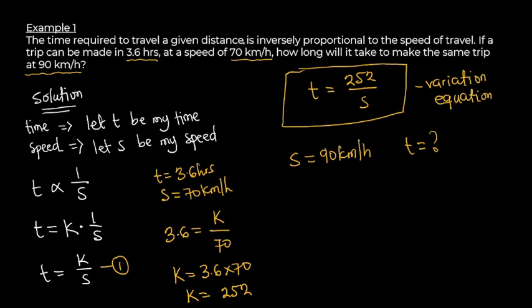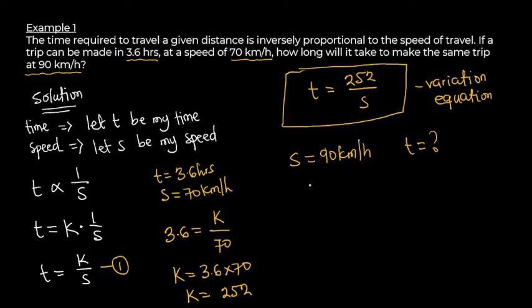I know that my initial speed was 70 and it has increased to 90. And the fact that the relationship between the time and the speed is an inverse relationship, I am confident enough to say that I'm expecting a time which is less than 3.6 hours in this case. So let's go ahead and see if that is actually true.